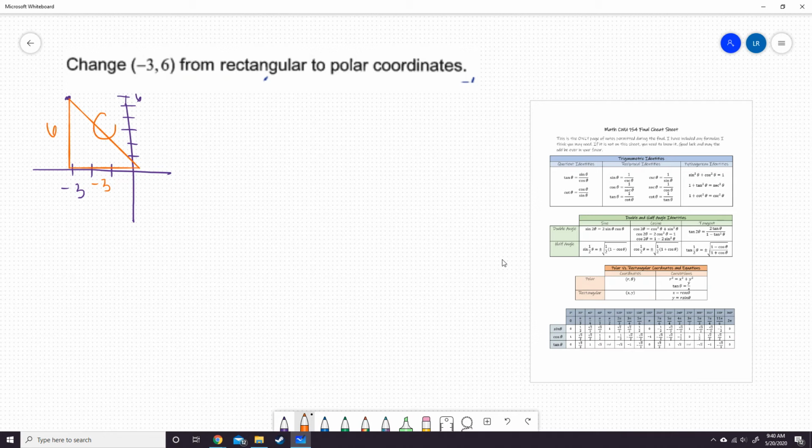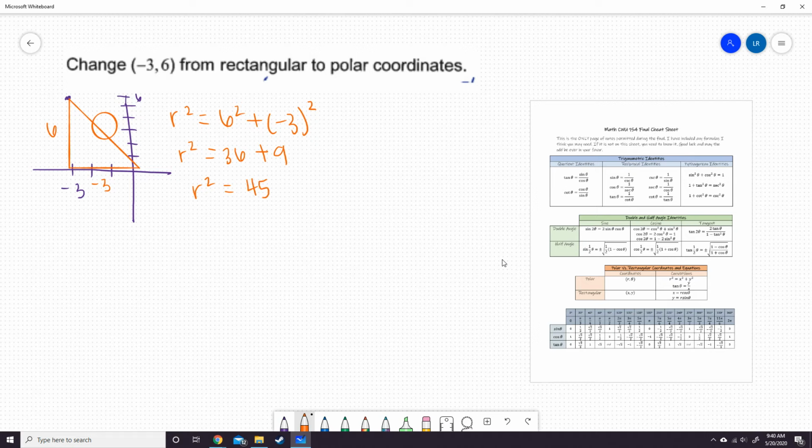I could easily find this leg of the triangle because that leg is going to be r. So r squared equals 6 squared plus -3 squared. 6 squared is 36, -3 squared is 9, and so I have r squared equals 45.